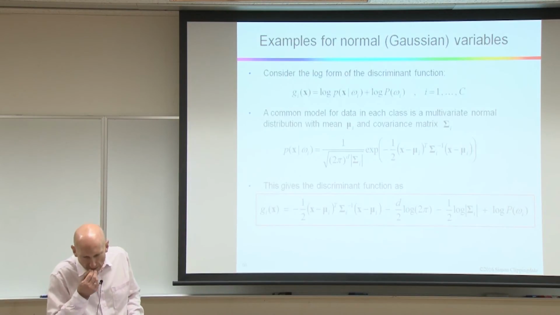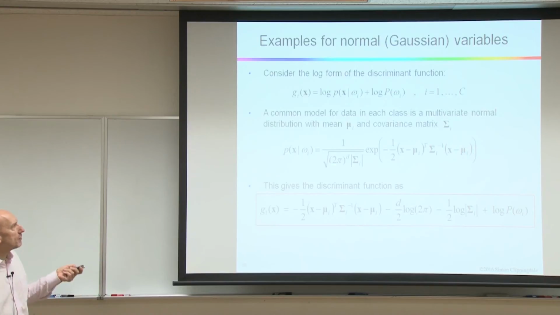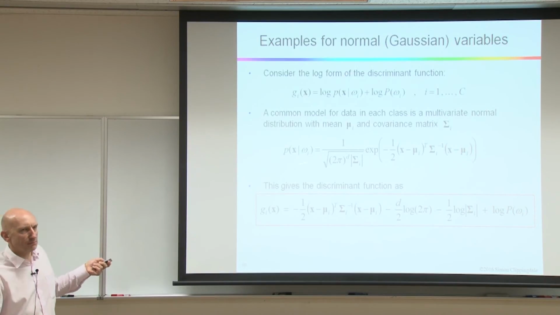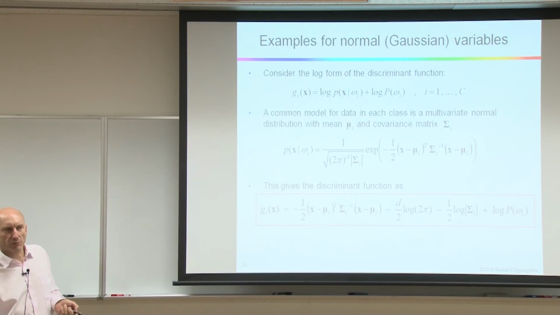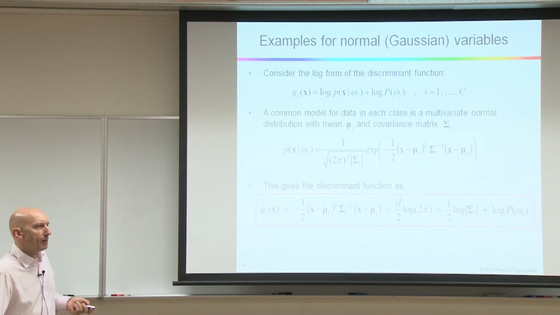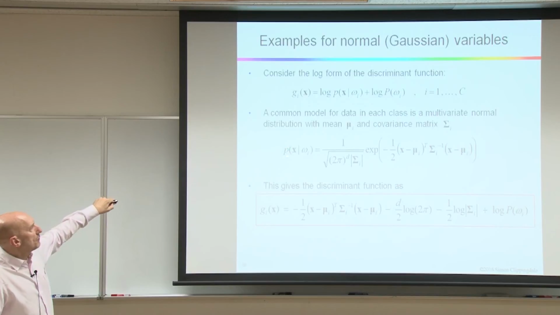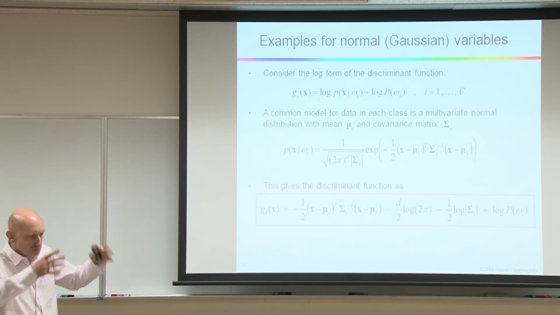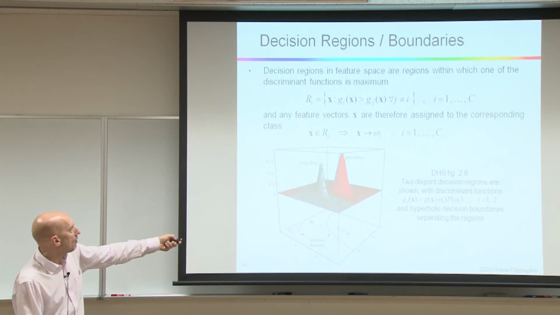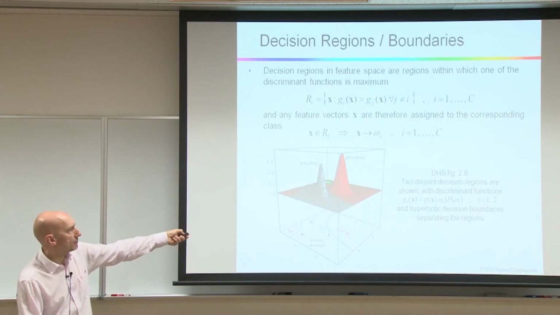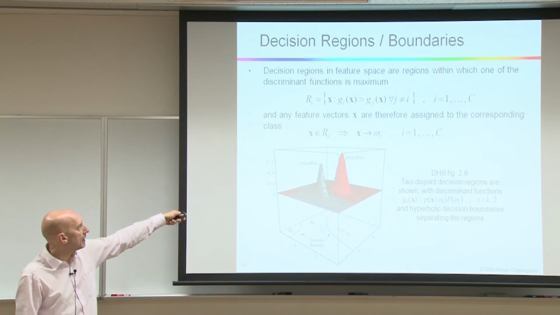Okay, so I don't know, is everyone happy with Gaussian random variables? Possibly not. Here's a probability density function for a Gaussian random variable x, and this just represents the shape of something like this. The most likely value is in the middle.